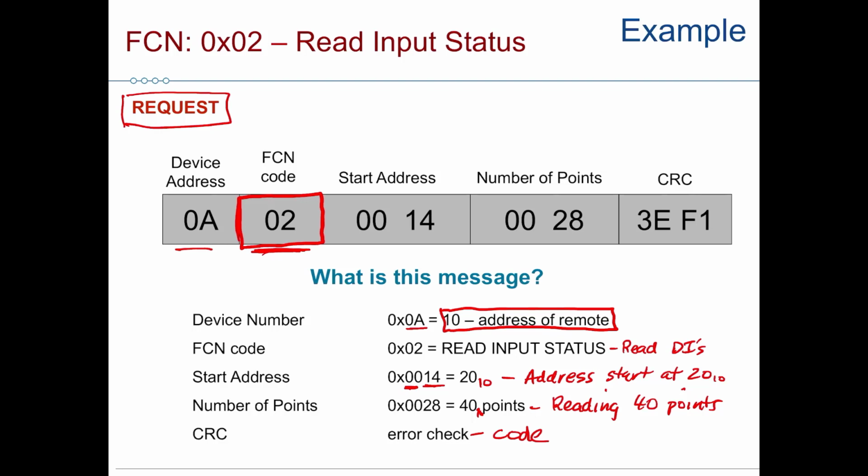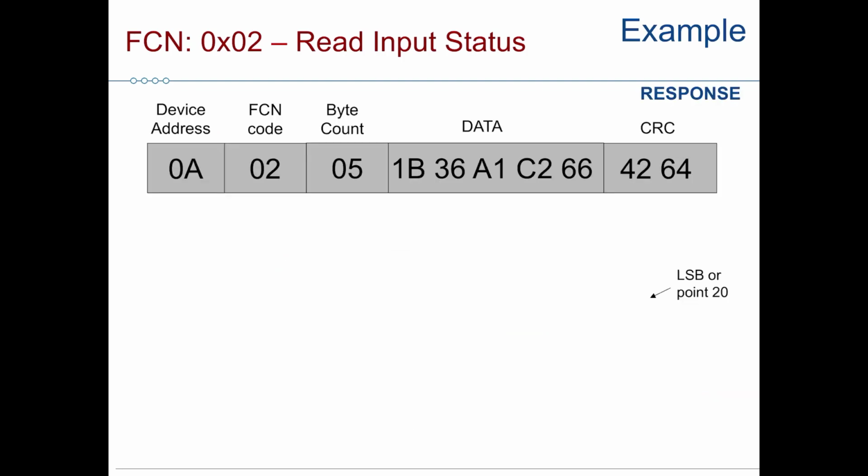It's a code that simply comes from the algorithm that's run on all the ones and zeros leading up to it, and you get this specific CRC code, 3EF1. It has no meaning to change it to decimal. It's a code. So that's our 02 read input status.